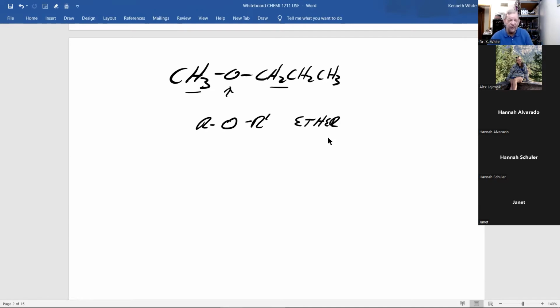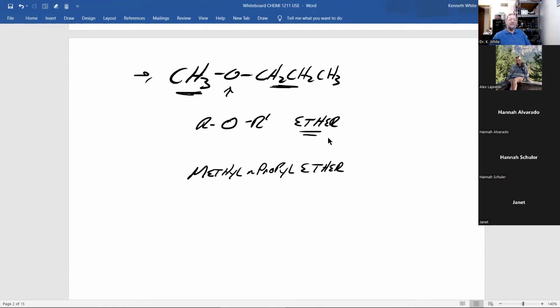Now, how do you name this? Well, the common name is you take and name each R group, R and R prime, as the alkyl group it is. If this were alone on something, that's a methyl group. This is an n-propyl group. And because it's an ether, at the end I'll put the word ether. And that's how you do it.